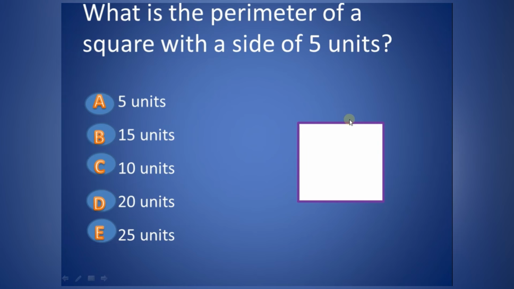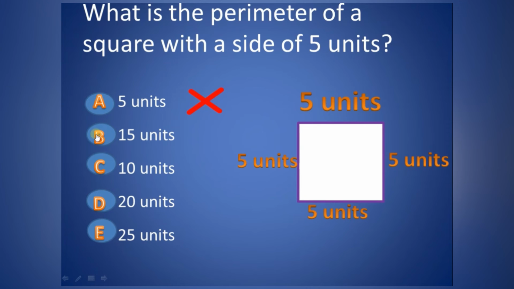And because you know that a square has 4 equal sides, so if one side is 5 units, then the other side is 5 units, and the other side is 5 units, and the other one is 5 units. And to find the perimeter, we just add up all the sides. So what is the answer when we add up all the 5?